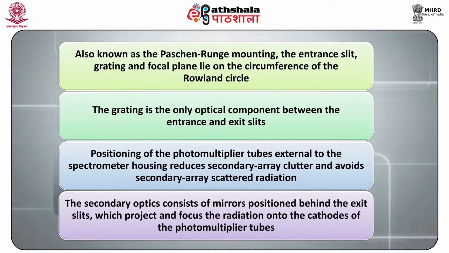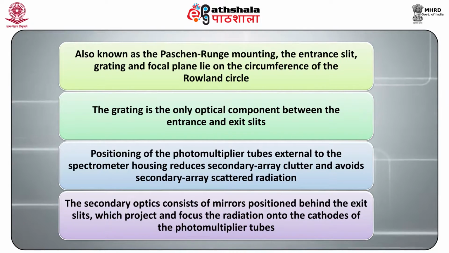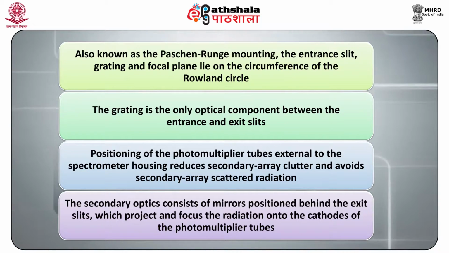In this configuration, also known as Paschen-Runge mounting, the entrance slit, grating and focal plane lie on the circumference of the Rowland circle. The grating is the only optical component between the entrance and the exit slits.